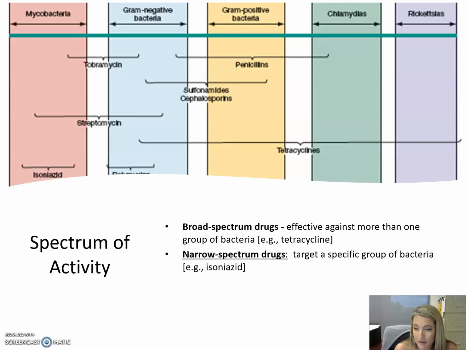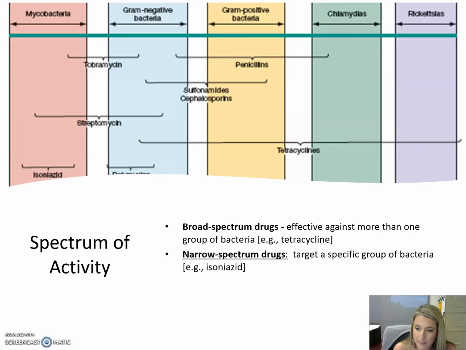Broad spectrum antibiotics are very easy to prescribe in the sense that you don't really need to know the causative agent of the infection because the broad spectrum drugs target so many different types of bacteria. Whereas with a narrow spectrum drug, because they only target a certain type of bacteria, you would obviously need to know what was causing the infection in order to prescribe the appropriate narrow-spectrum drug.